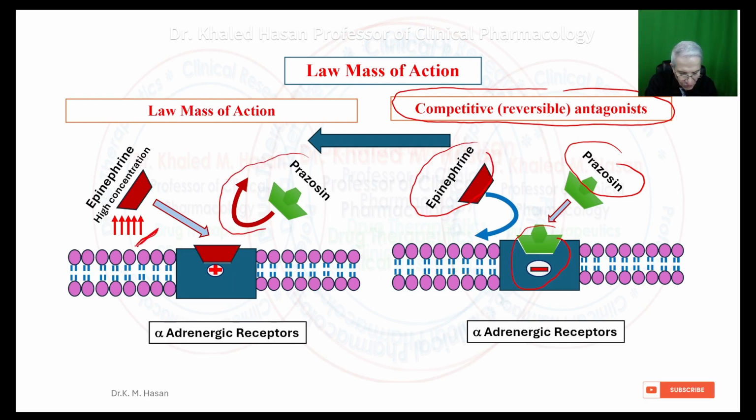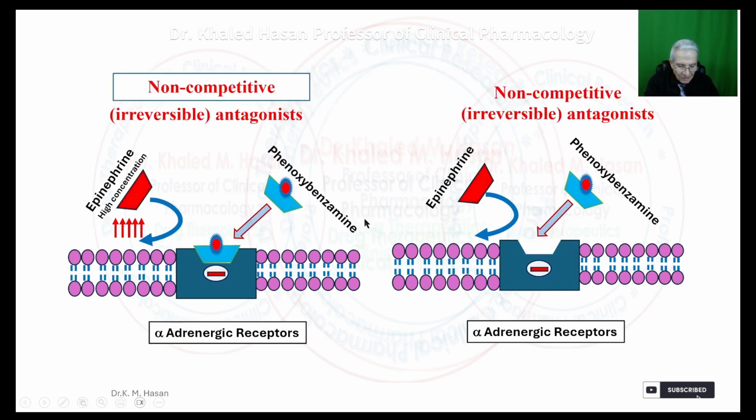When you increase the level of norepinephrine, the result will be to displace and remove the Prazosin from the receptor and activate the receptor. And here we talk about the alpha-adrenergic receptor. Prazosin is considered an alpha blocker. So Prazosin binds to the receptor and blocks it. When we try to recover from this blockade, we can increase the level of norepinephrine, and this will displace Prazosin from the receptor and activate the receptor again.